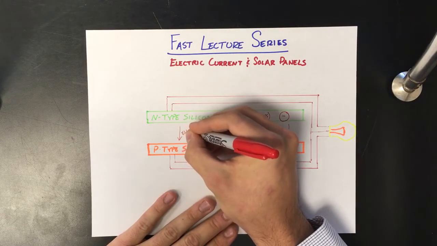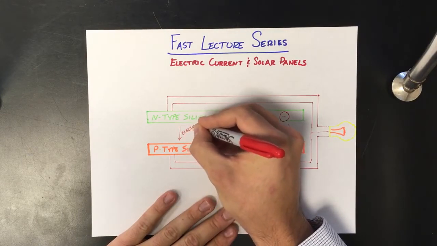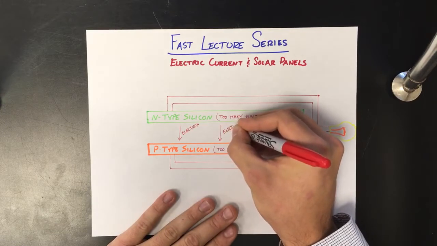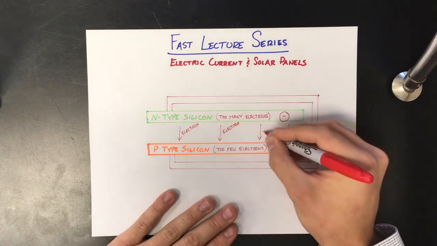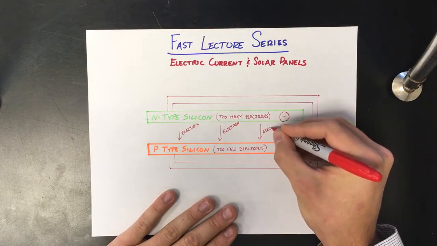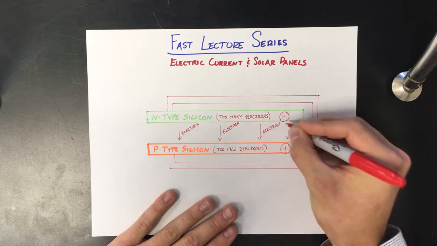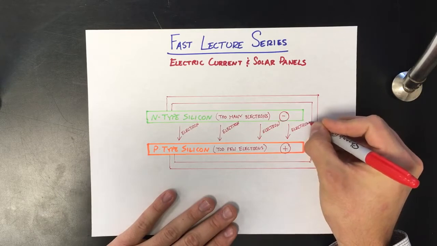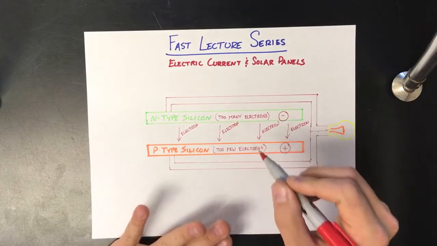So we'll label that as an electron. I am going to write all of these out just to make sure that we're clear. So we'll say that electrons are going to flow from an area of high concentration to low concentration.